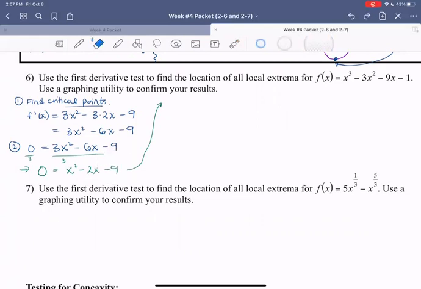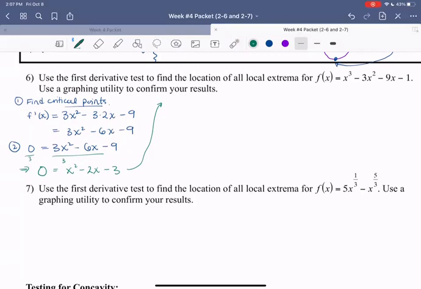Oops, too big of a 9. When I divide by 3, what happens to each term? So here, 3's cancel. Here, divide by 3, I get a 2. Divide by 3, I get a 3. So rather to factor this quadratic, we want to find factors of negative 3 that add to give me negative 2. So what might those be?